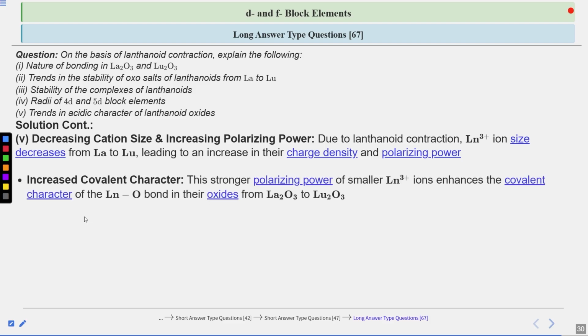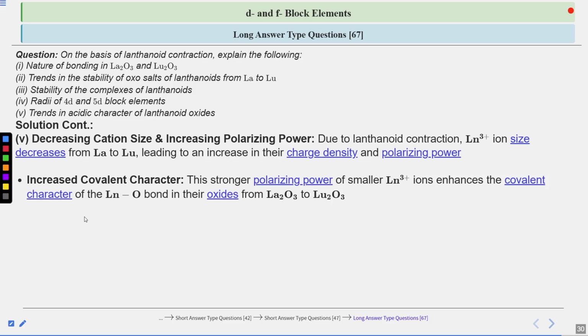Increased covalent character. Due to the stronger polarizing power of the smaller tripositive ions of lanthanoids, it will enhance the covalent character of the lanthanoid-oxygen bond in their oxides from lanthanum oxide to lutetium oxide.